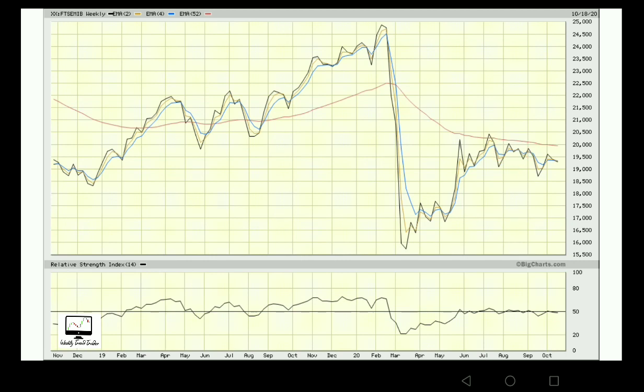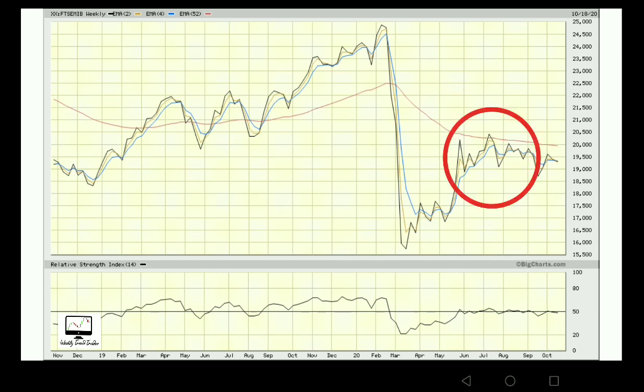To me, I can see a clear head and shoulders. The head at 20,500 in July. The left shoulder in May at 20,000. The right shoulder in August. Then the neckline's at 19,000, which we broke. Then we came back to retest.